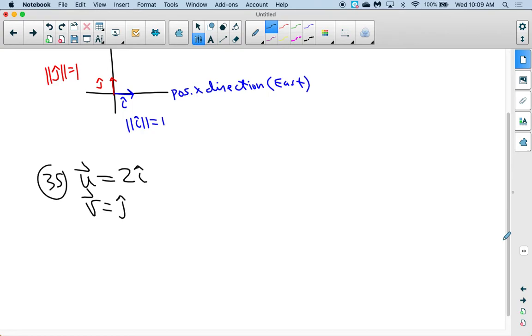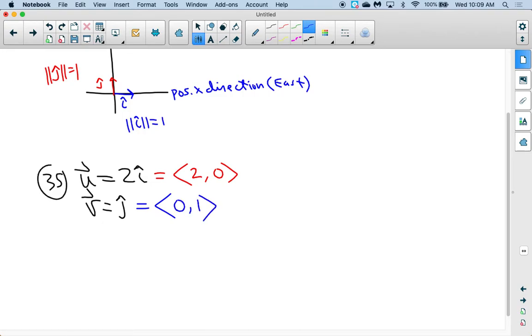You can think of the coefficients in front of the i's and j's as the values of x and y. So you could write u in component form this way: 2i would mean 2 along the x-axis and nothing on the y-axis. Likewise, the vector j in component form would look like 0, 1.